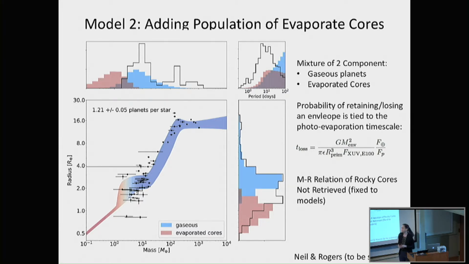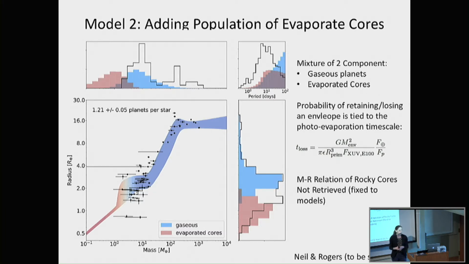We consider a population of planets that again follows a broken power law probabilistic mass-radius relationship, representing planets that have gaseous envelopes. Then, evaluating their envelope loss timescale, we assign them a probability of having either retained or entirely lost their envelope.